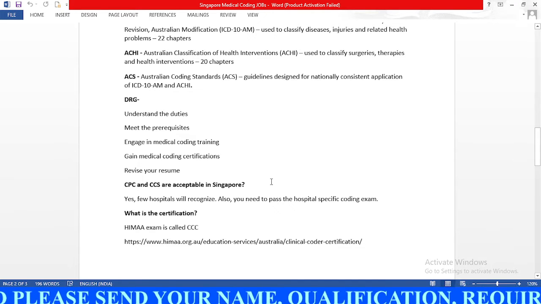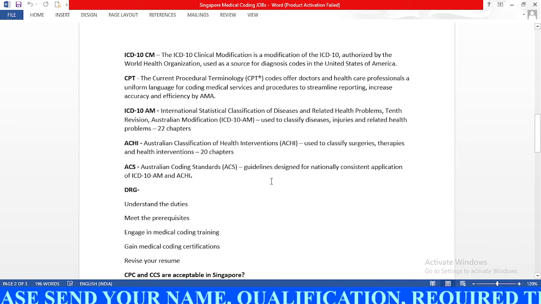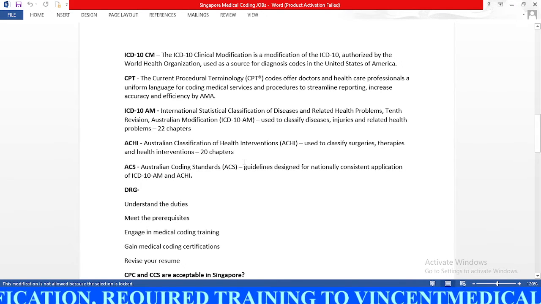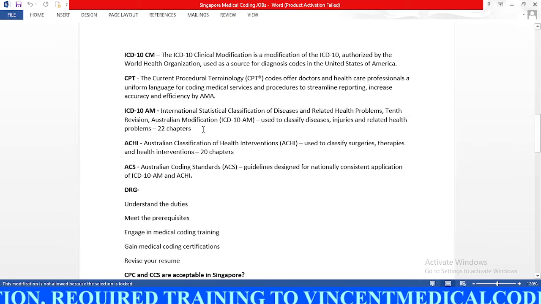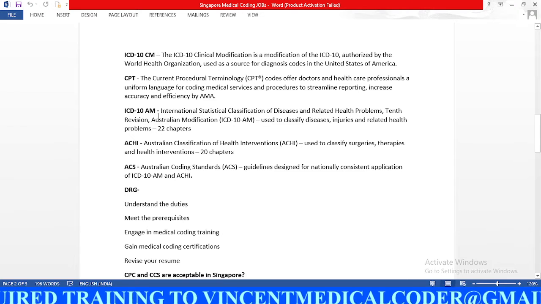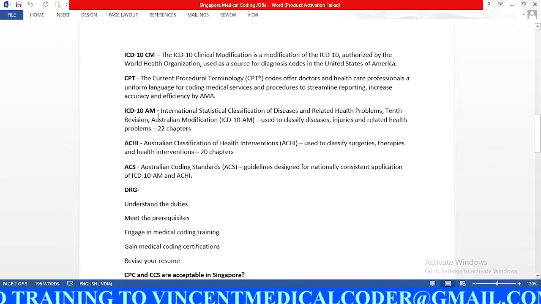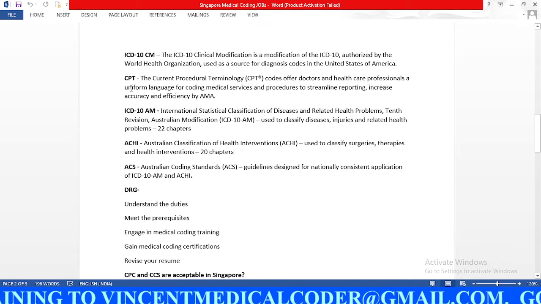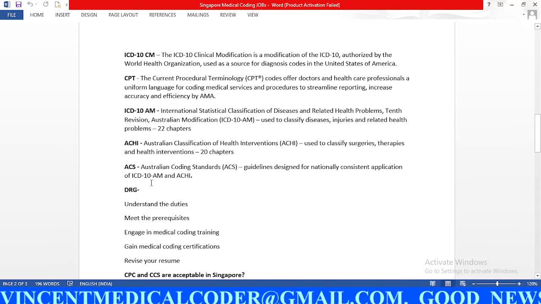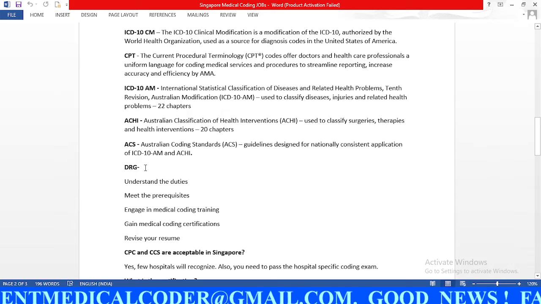So you need to understand that in Singapore we will use two types of code sets: ICD-10-CM from the US and ICD-10-AM from Australia. They will use ICD-10-CM, CPT, ICD-10-AM, ACHI, ACS, and also DRG.